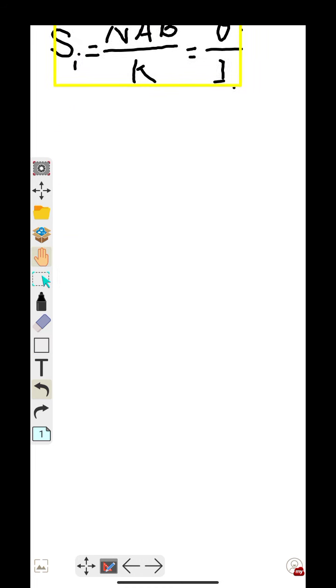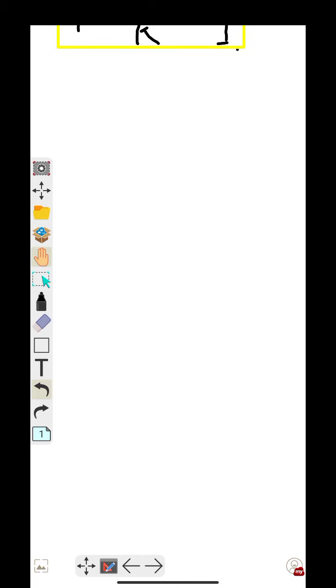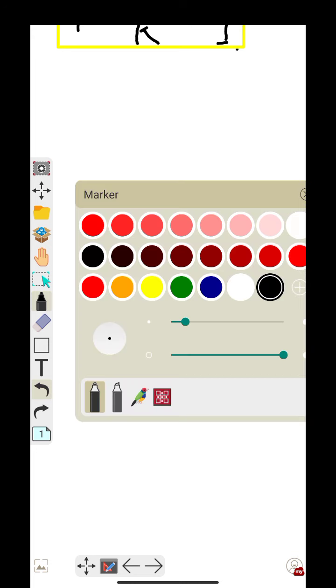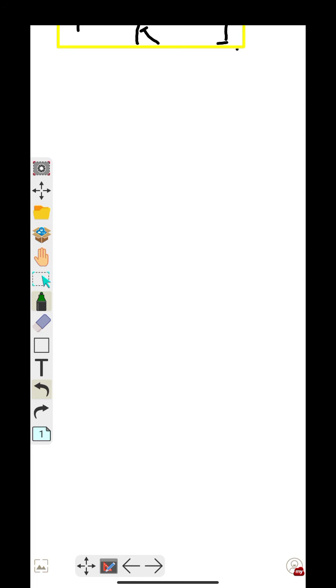So as per the given question, the current sensitivity changes. Let me write the change in current sensitivity: delta SI will be equal to the new sensitivity, I'll write SI dash, minus the earlier sensitivity SI.